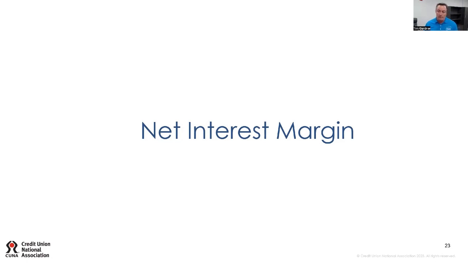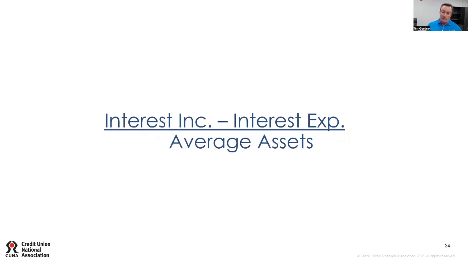Net interest margin. Net interest margin is the difference between what we make on loans and investments. So that's interest income. Because you have the word interest in there, that should draw your attention to the fact that these are rate related products.